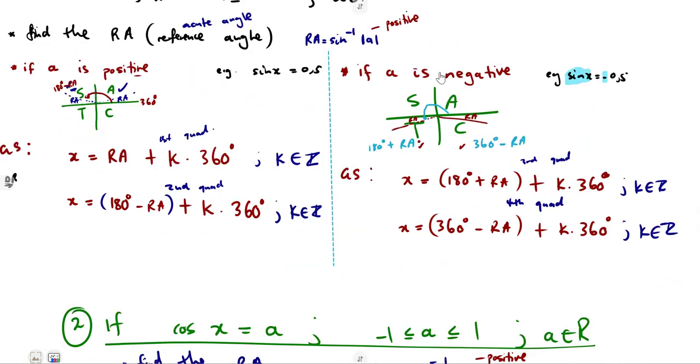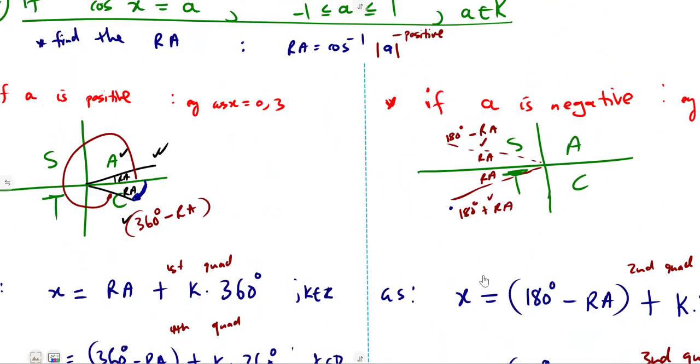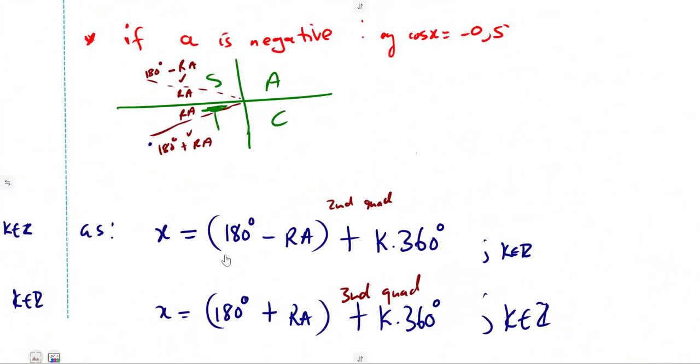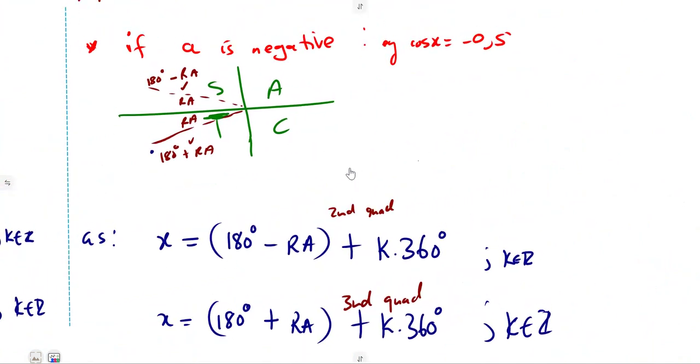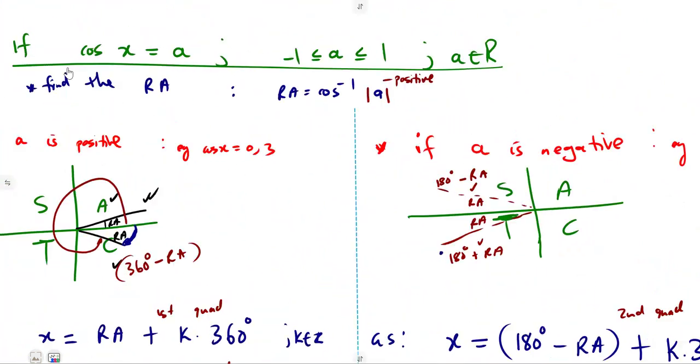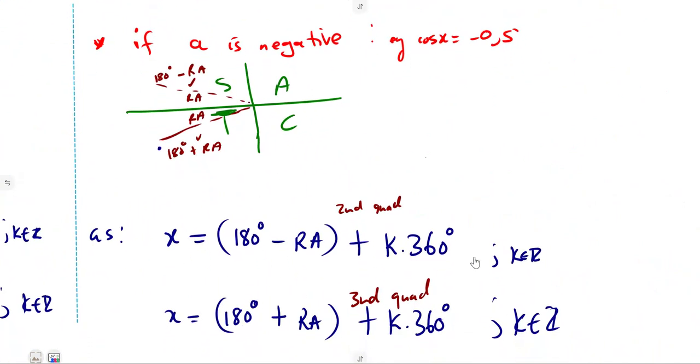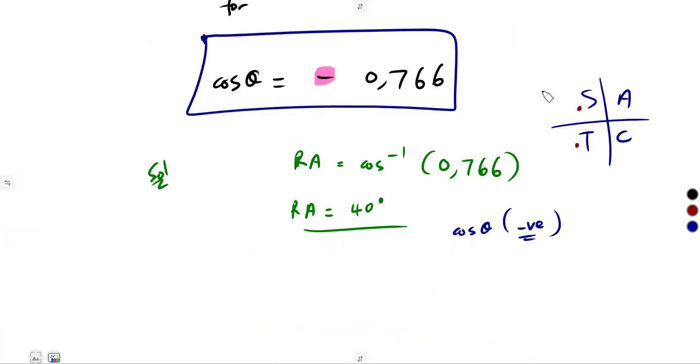For a cos being negative, this is what we are going to have. If cos of x is equal to A, and A is negative, your general solutions are going to be given as this. The angle in the second quadrant is 180 minus the reference angle, remember? And this one is 180 plus the reference angle.